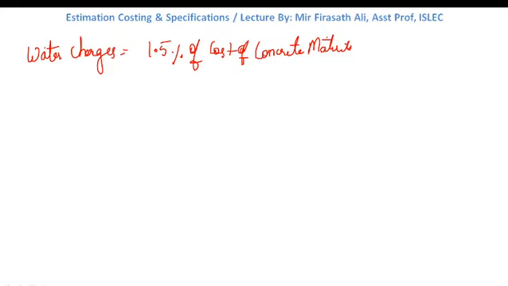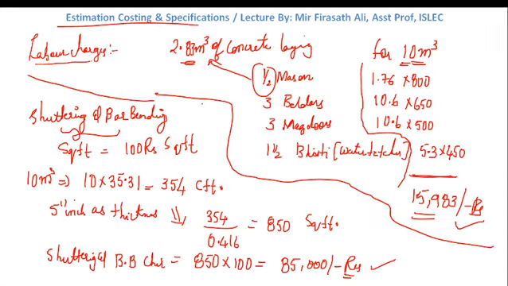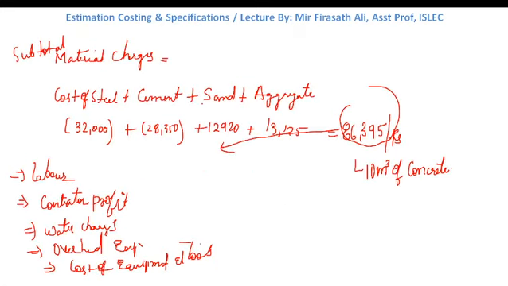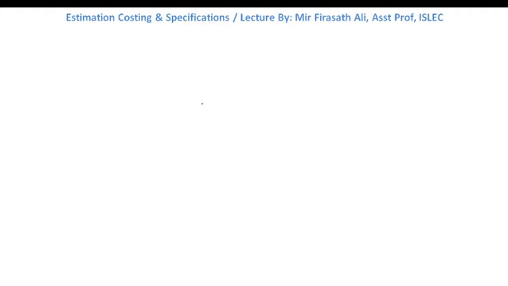So we need to multiply 1.5 by 100 into our total material charges, which was 86,395 rupees.